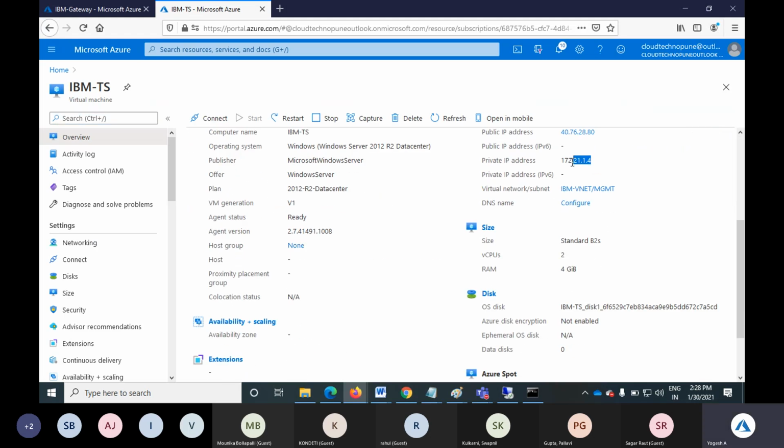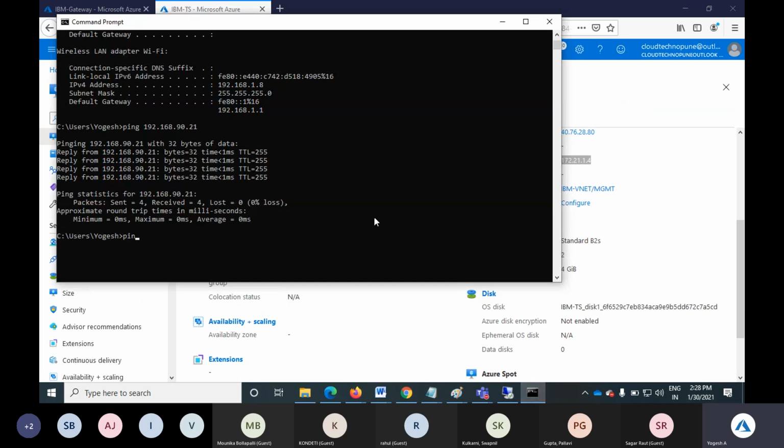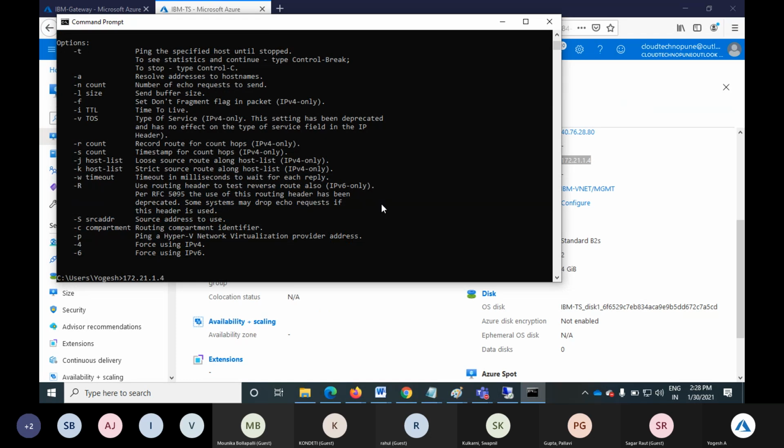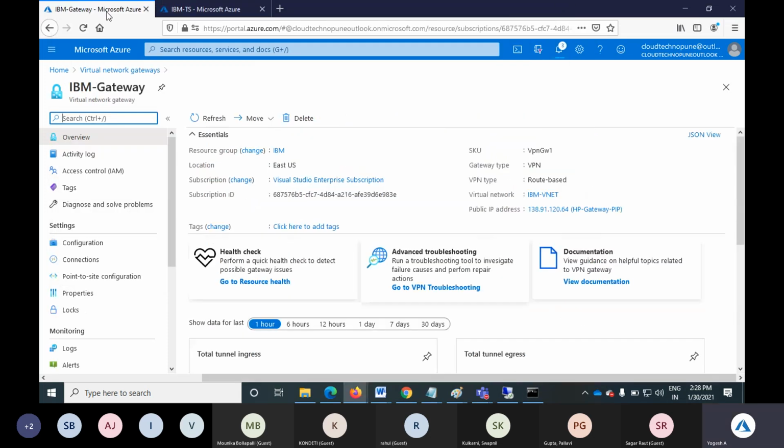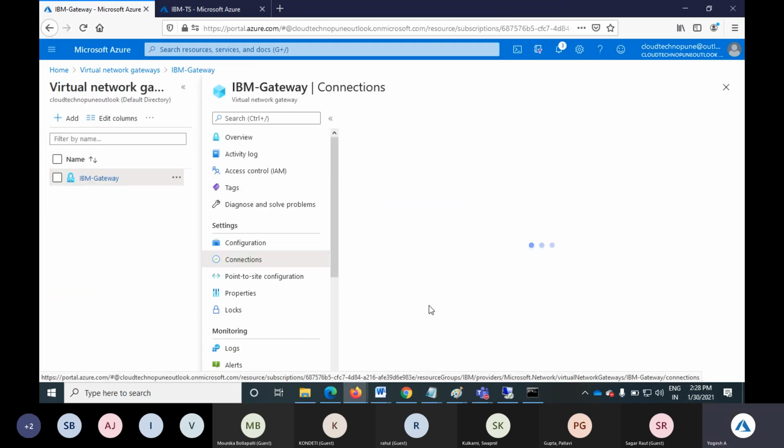So this is the IP address, right? 1.4. So it should ping, right? It should ping from my laptop. Okay, so let's go into the IBM gateway, go to the connection.